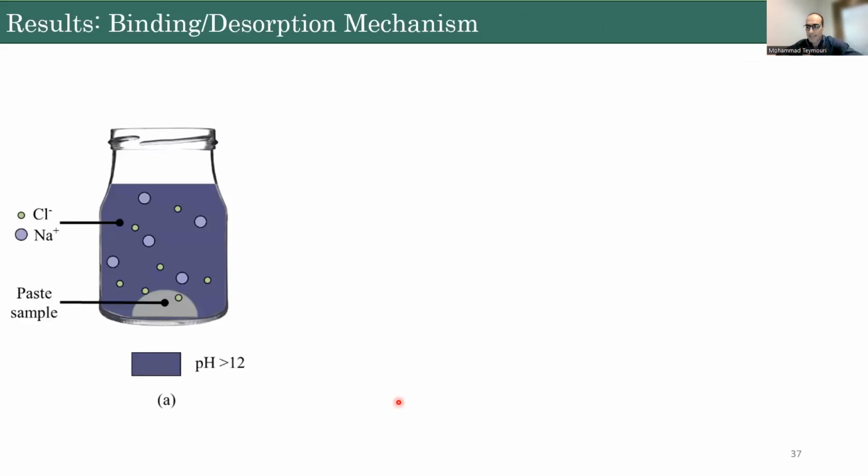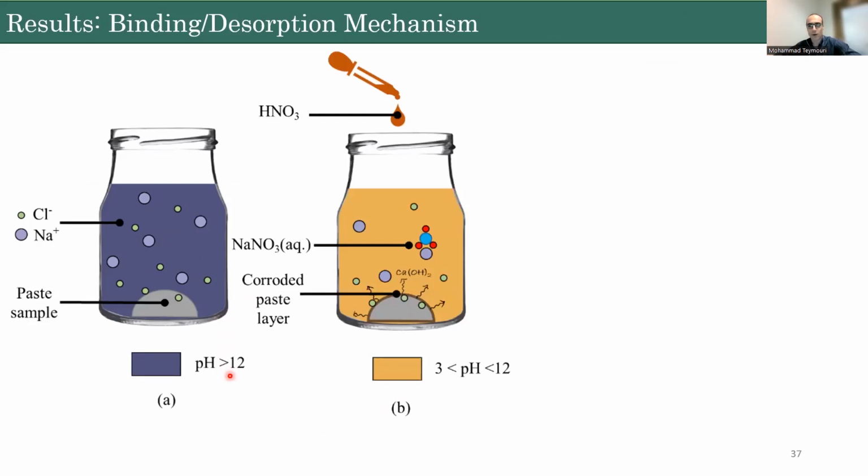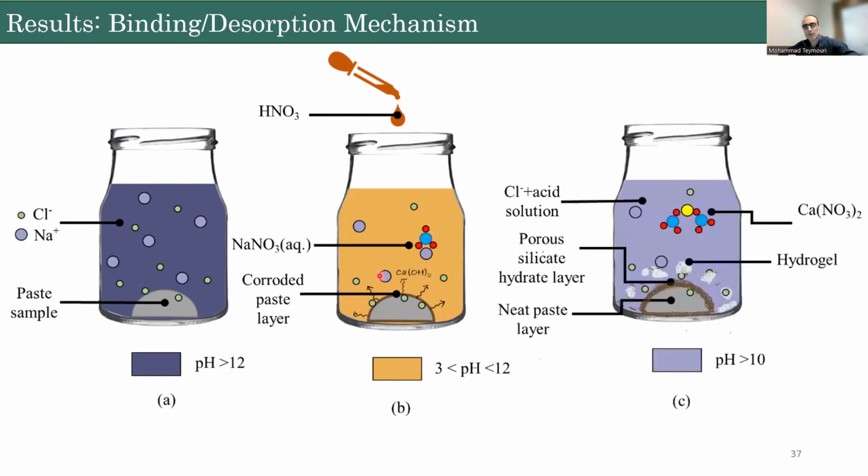This is one of my last slides. So I showed you the real case scenario, we have concrete pavements. If we apply brine solutions like sodium chloride, everything is fine. The pH is high, but after a while, due to carbonation, acid attack, or sulfate attack, the pH reduces, and that's the problem because we have a corroded paste here, and the bound chloride starts to release from the matrix, and we have more chloride disassociation, but this is a reversible process.